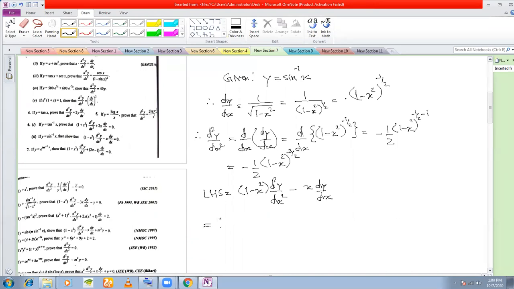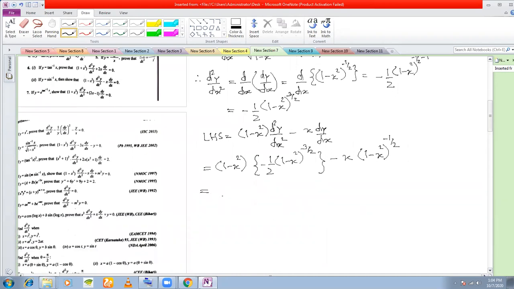Put the values. 1 minus x square, and d2y dx2 you have got what? Minus half into 1 minus x square to the power of minus 3 by 2, right? Minus x dy dx, you have got as 1 minus x square to the power of minus half. Okay. So let us simplify this and check whether we are getting 0.